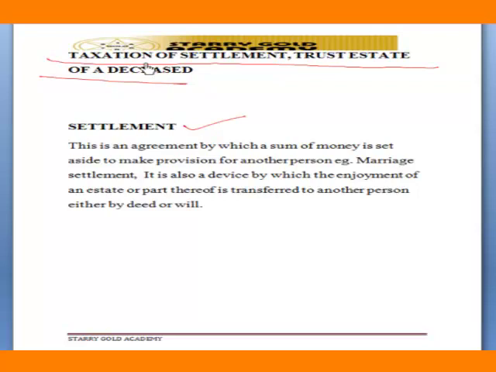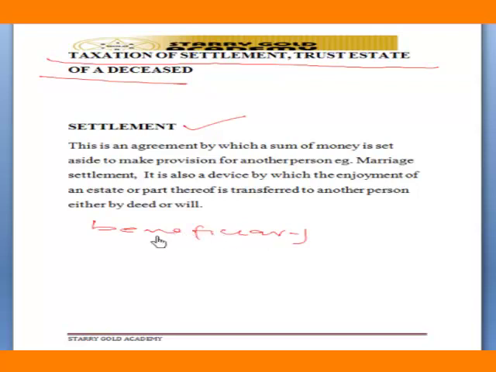Of course, you can do this through a will or through a deed. Are we there? So it has to do with another person called a beneficiary. The beneficiary will benefit from a sum of money set aside.